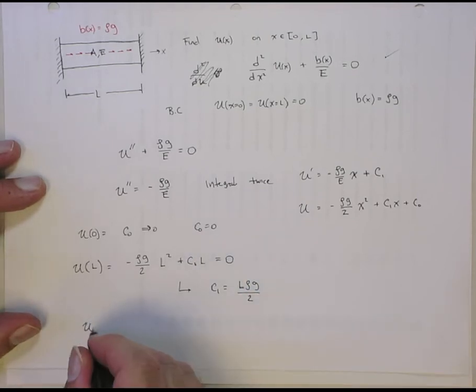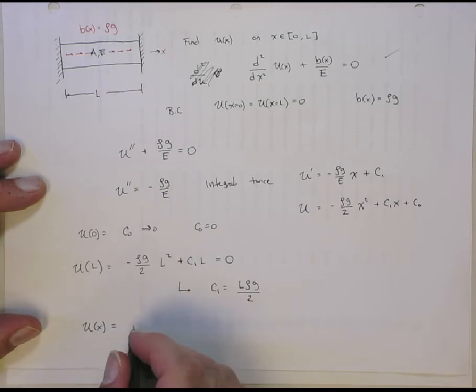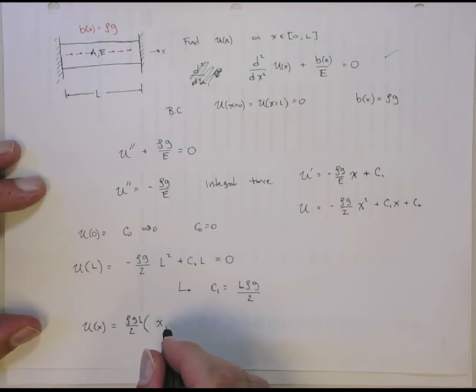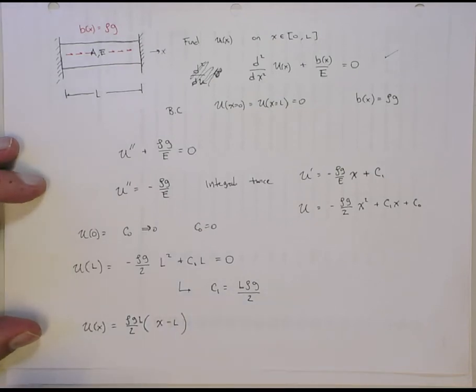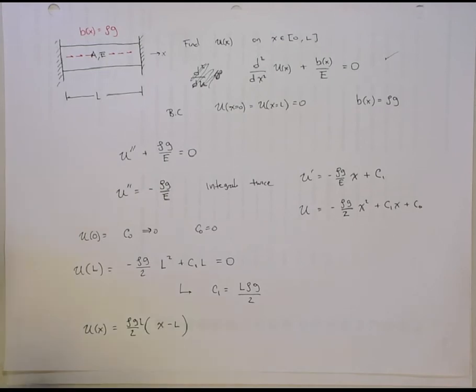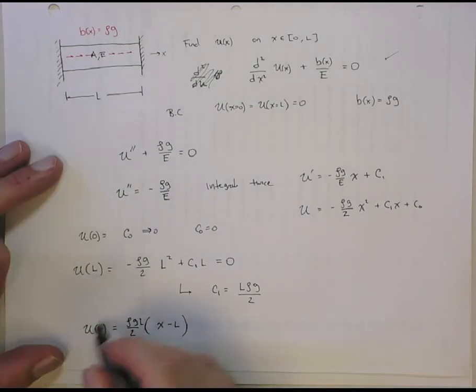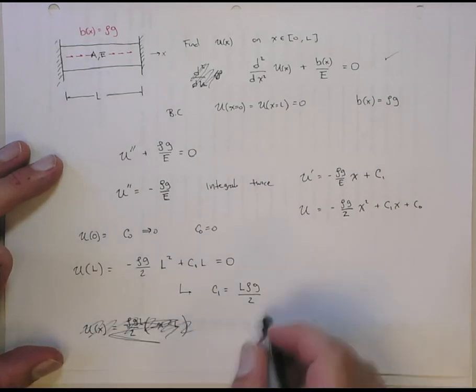And that gives me, in general, the displacement field is going to be rho g on 2... Is that right? Oh, what am I doing? Sorry, guys. I'm plugging into the wrong one.